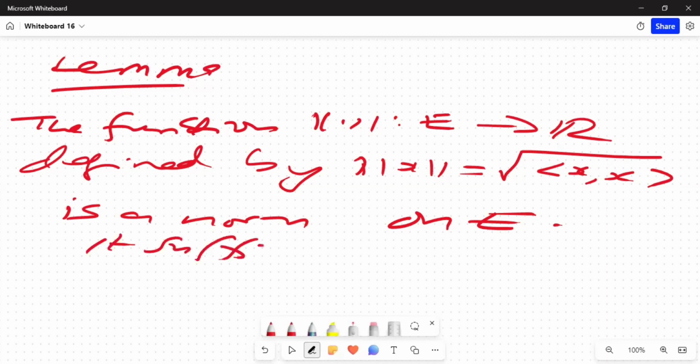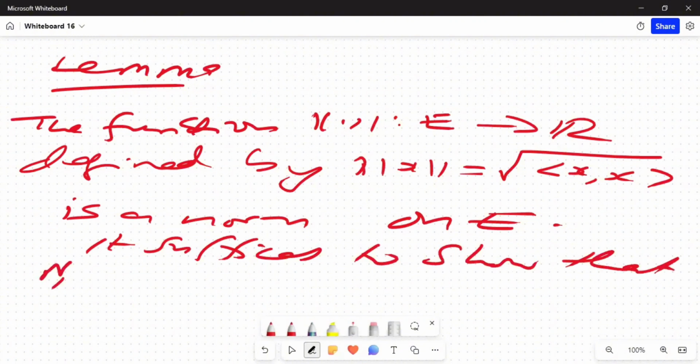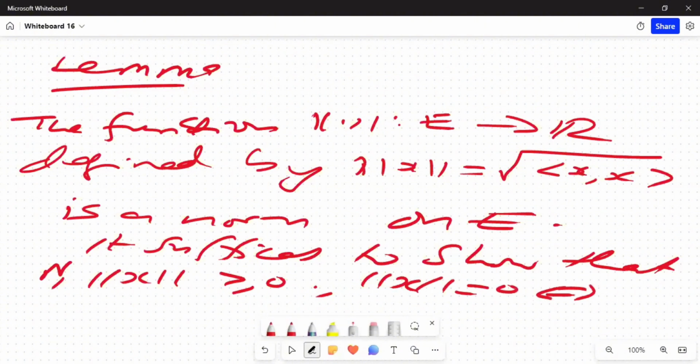It suffices to show that if it's a norm, then N1: norm of x is always greater than or equal to 0, and also norm of x is equal to 0 if and only if we are dealing with a zero vector.